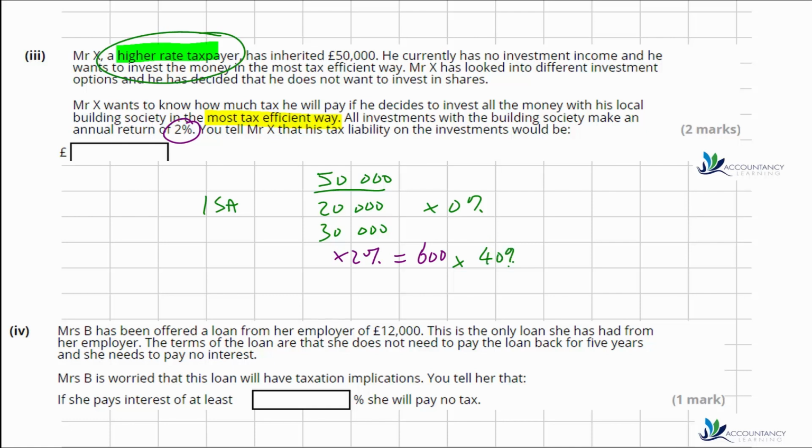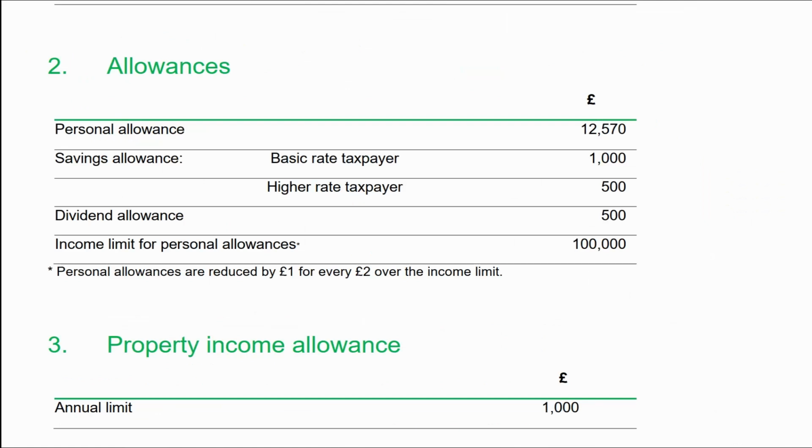But remember, of that 600, there would be an allowance which would be tax-free. So again, let's have a look at the reference materials first before we do the calculation. Here's section 2. And remember, we have a higher rate taxpayer, and there's a £500 allowance before we start having to pay any tax.